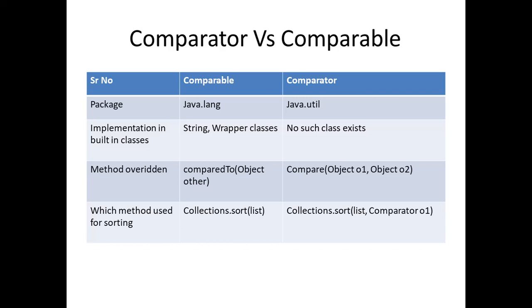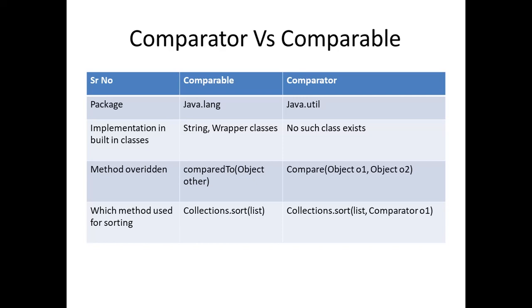One is in the lang package and the other one is in the util package. Then, based on the implementation, whether it is built into certain classes for the comparable interface or for the comparator interface, that is just collecting everything together.